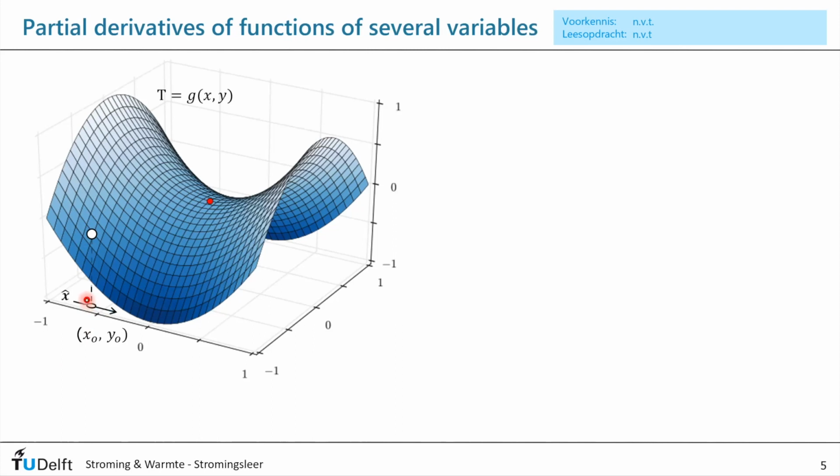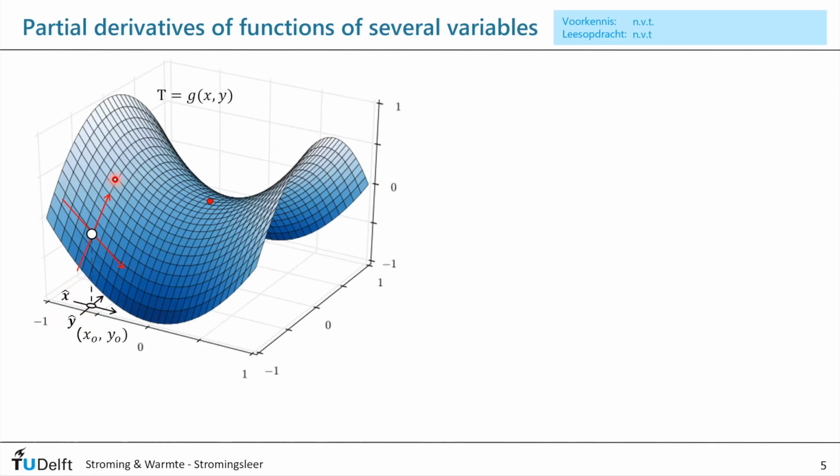If we decide to move in the x direction, and that means y remains constant, then the value of the function is going to follow this line here, and we directly see that the temperature decreases when we're moving in the x direction. If we now move in the y direction in the plane, then we can read from the graph what happens with the temperature. And we see here that the temperature is now going to increase.